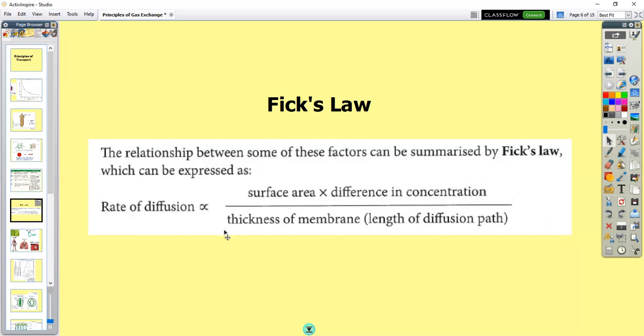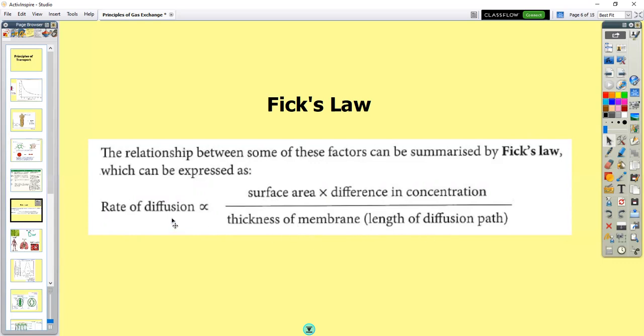Okay, so if you have a thicker membrane, that makes the number on the bottom larger, which means the rate of diffusion will decrease. So really, if you want a high rate of diffusion, you want a high surface area, you want a high difference in concentration or concentration gradient, and you want a low thickness of membrane or diffusion distance.